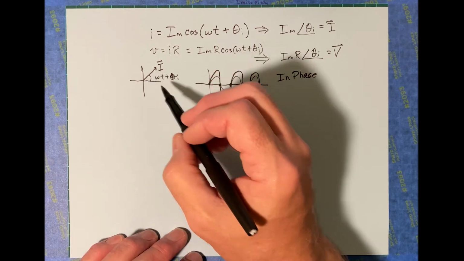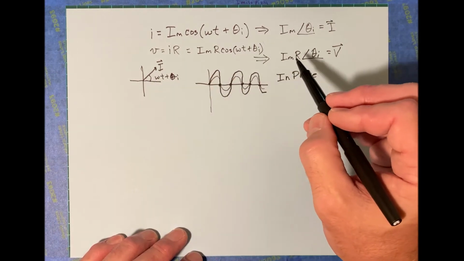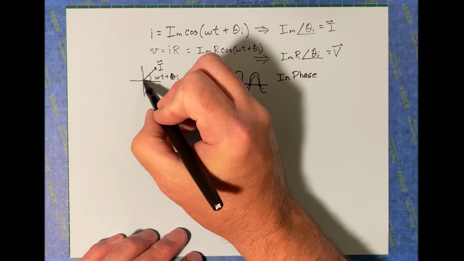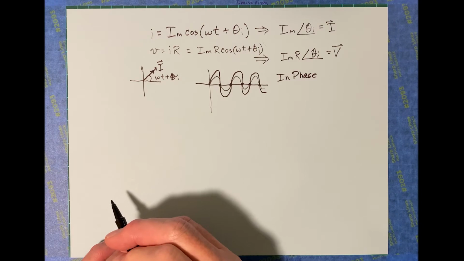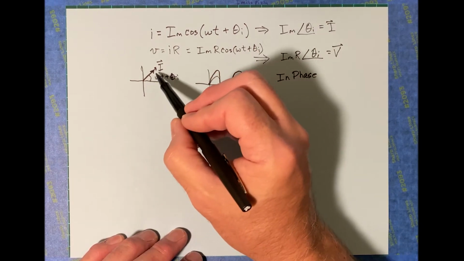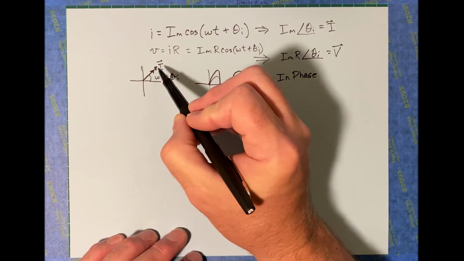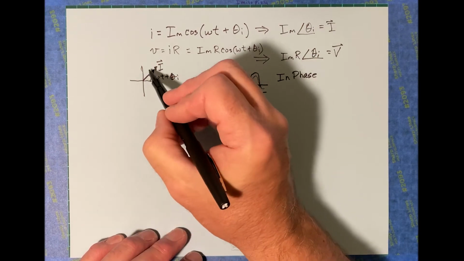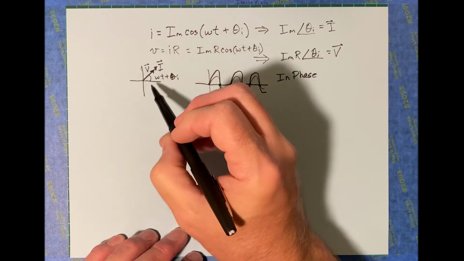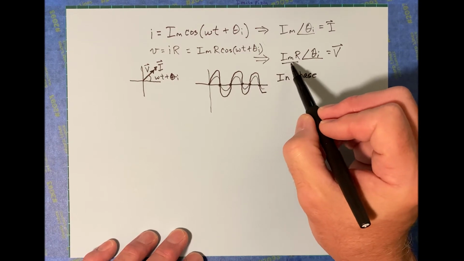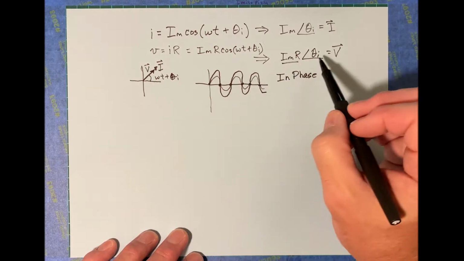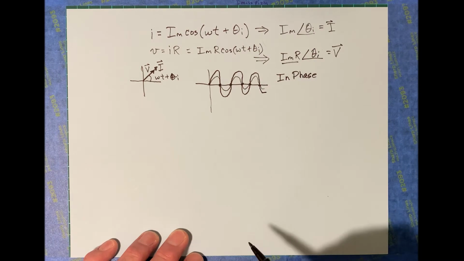Now, if you were to plot the phasor for the voltage, it'd do the same sort of thing. It's going to be right on top of it. Now it may be longer, it may be shorter. I'm just drawing it right on top of it, and that's the point here. And that is the phasor for V. The length of that arrow is the magnitude of the phasor, and the angle is going to be exactly the same over time.